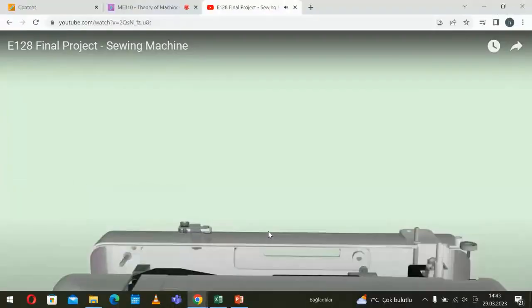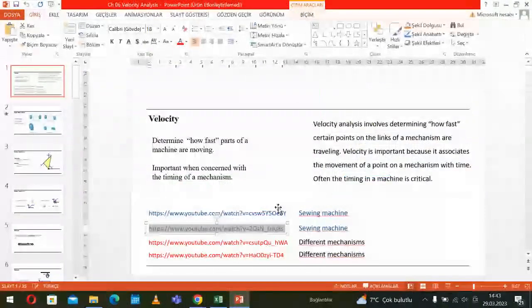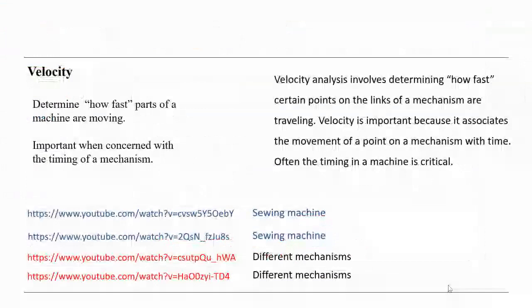So what is speed? We checked already what speed is. So then, here, we determine how fast parts of machines are moving. This is important when concerned with the timing of a mechanism.